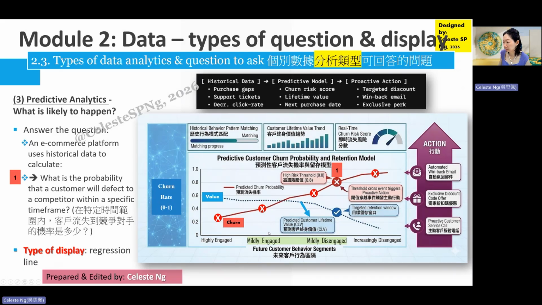Here we can see we have 4 categories of customer behavior segment: highly engaged, mildly disengaged, and increasingly disengaged. Here we have 2 lines. The red line represents the predicted churn probability.